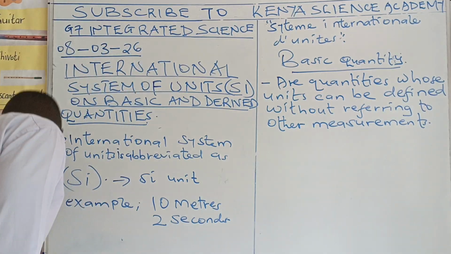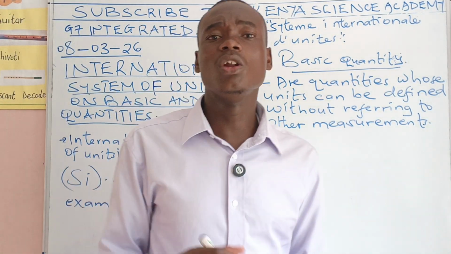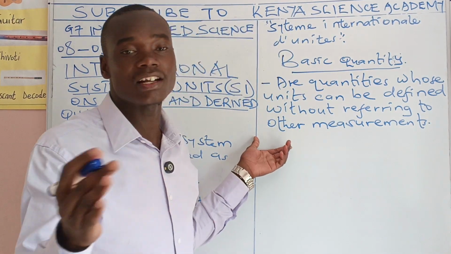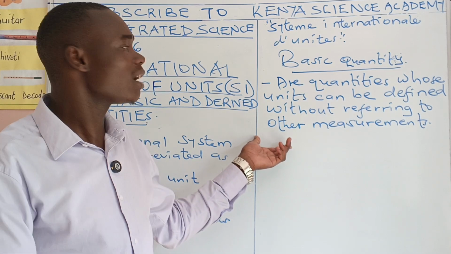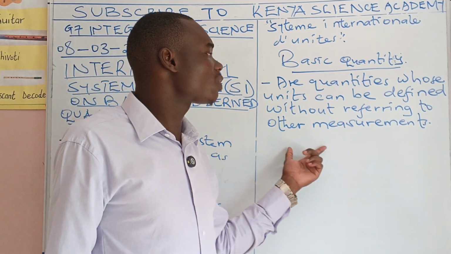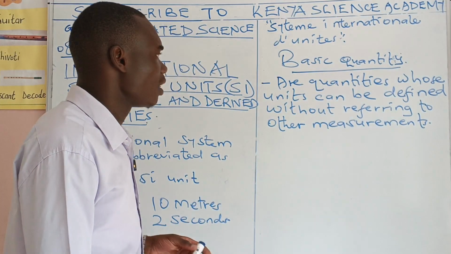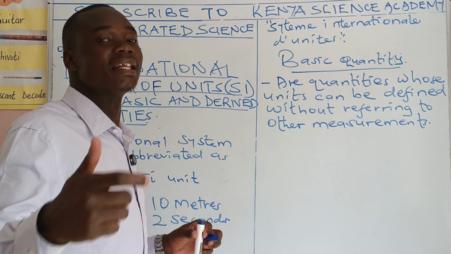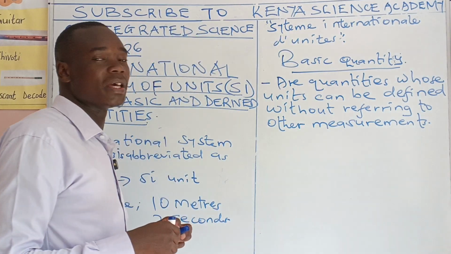Now, we realize that there are some quantities that we look at and we realize that they are 2, they are 10, they are 1 million, they are 10,000. We do not refer to other measurements in order to find them. They are already known, already stated.